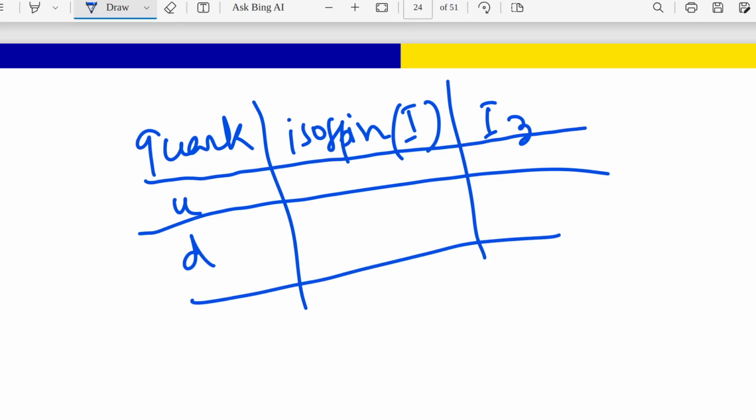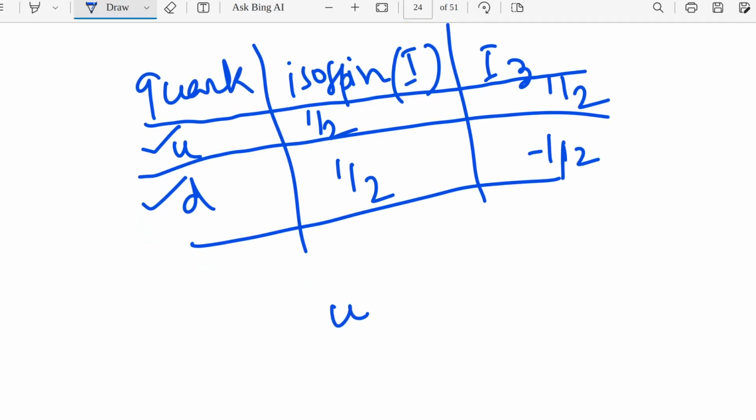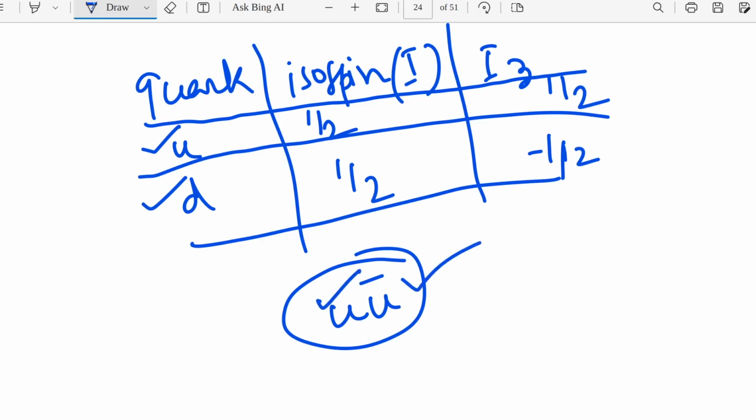So I'm just going to write it again. So for quarks U and D, the isospin will be half for each and every one, for U also and for D also. But for the I3 value it is plus half and minus half. For U it is plus half and for D it is minus half. Okay. And now we are coming to the expression U U bar. So you can see that there are 2 U's. One is in particle and another one is in antiparticle form. Right? So if I am just going to calculate the I value for this combination U U bar, then what will be the answer?